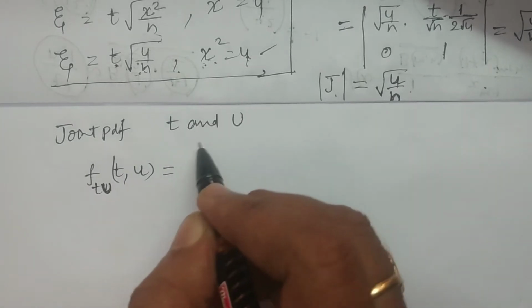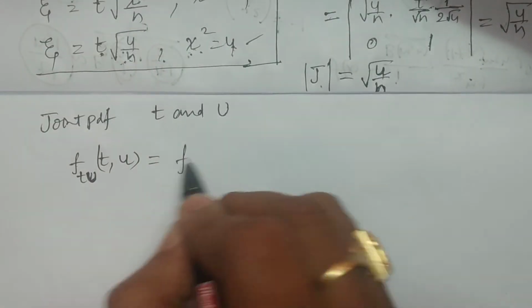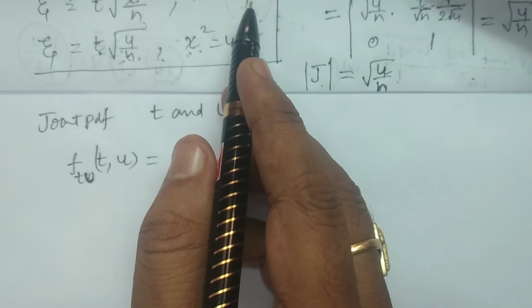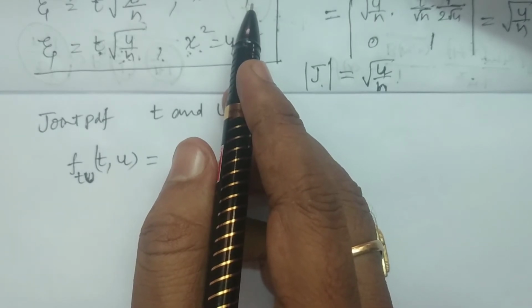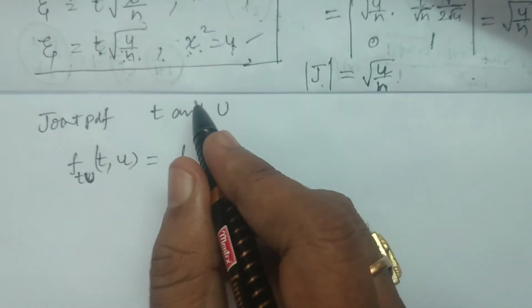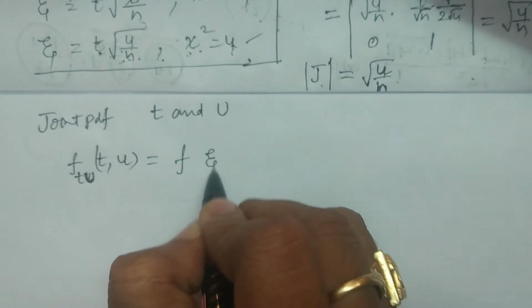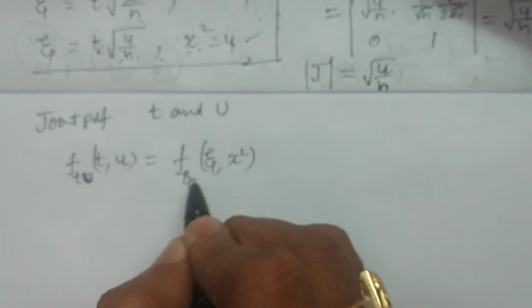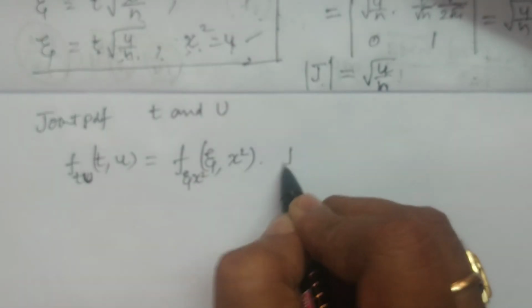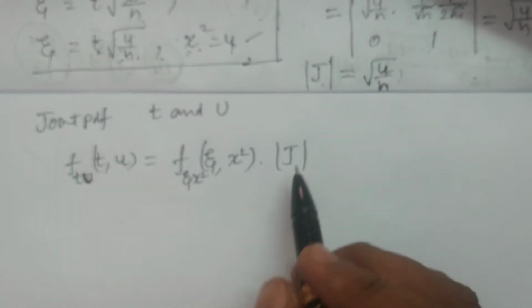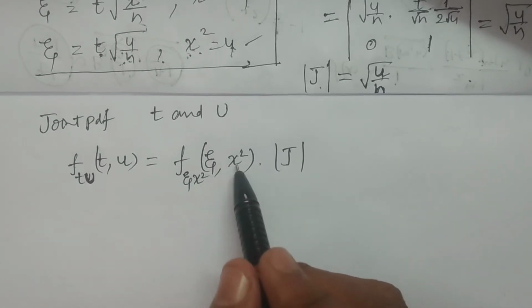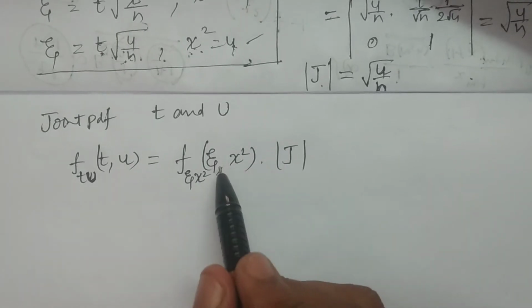It's going to be calculated by the formula f of xi and chi square, the joint PDF of xi and chi square, multiplied by the Jacobian.